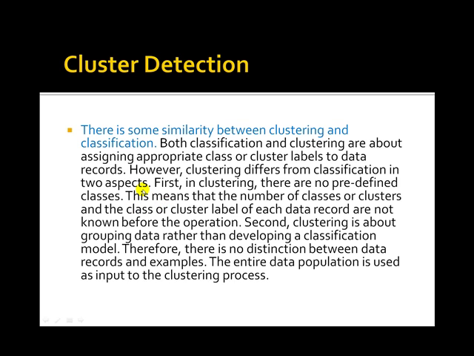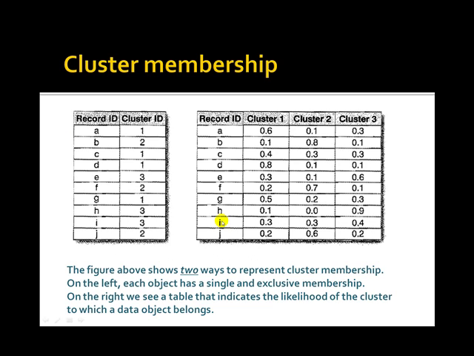This means that the number of classes or clusters and the class or cluster label of each data record are not known before the operation. Second, clustering is about grouping data rather than developing a classification model. Therefore, there is no distinction between data records and, okay, anyway, you can read this. Actually, I don't agree with much of it.